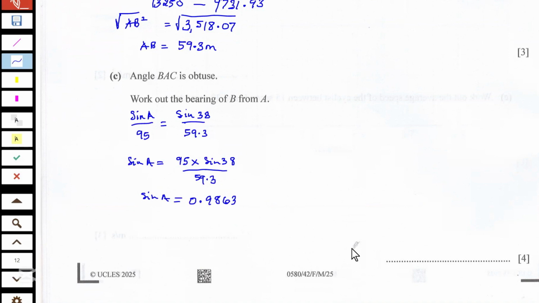Now, to find the actual value of A, we have to find the sine inverse of 0.9863. And that gives us the value of A as 80.5 degrees.